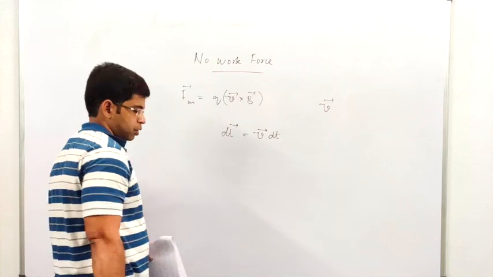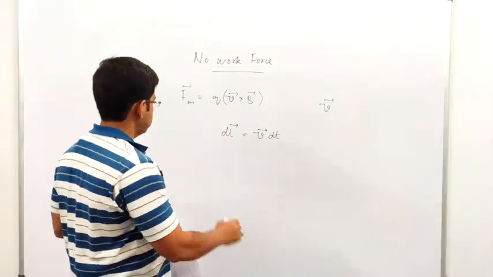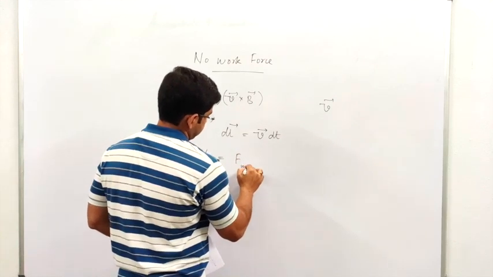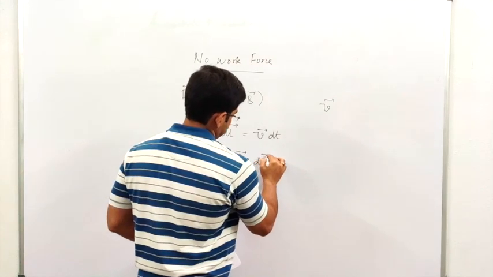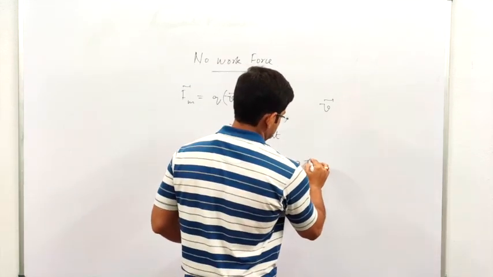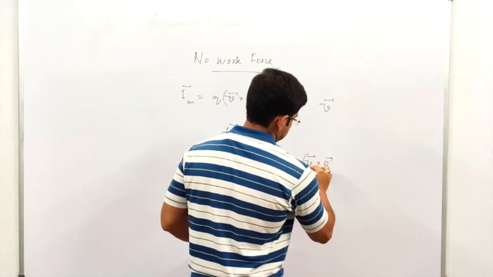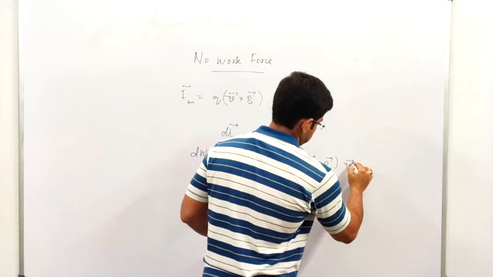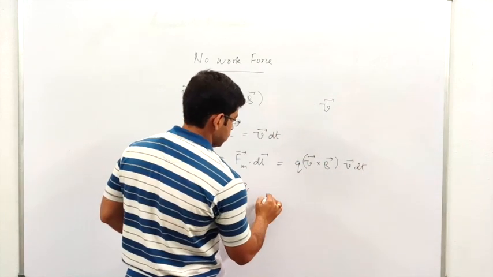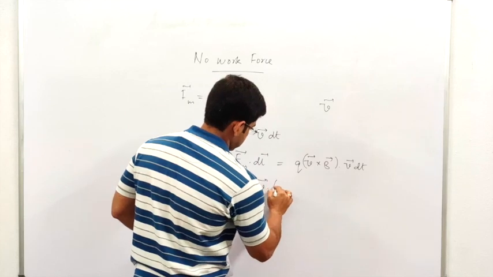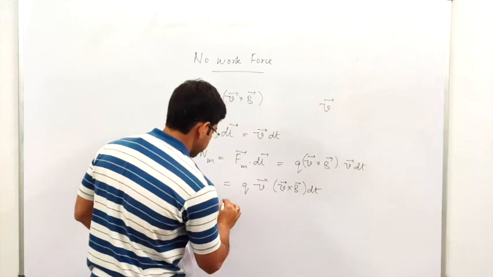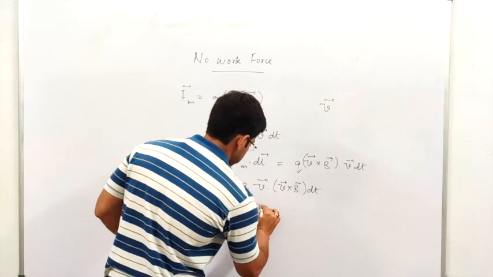Now the work done by the magnetic force, if any, may be written as F dot dl. So this is simply q v cross B dot v dt. This may be written as, using a vector identity, q B dot (v cross v) dt.